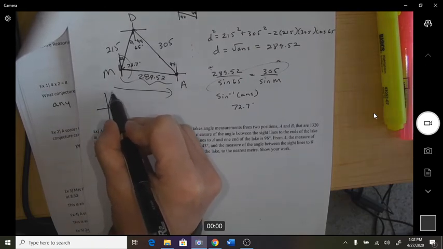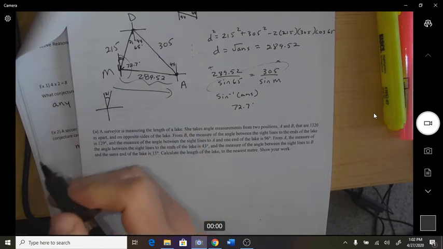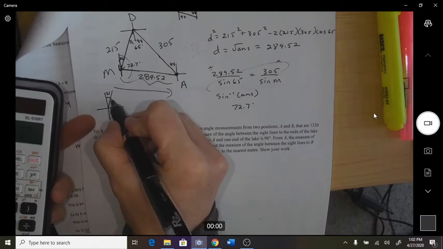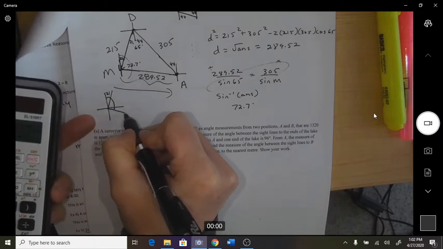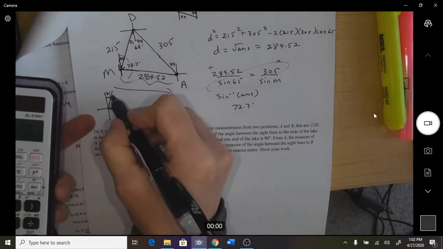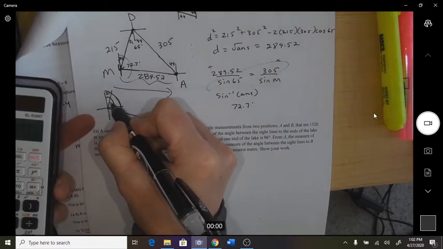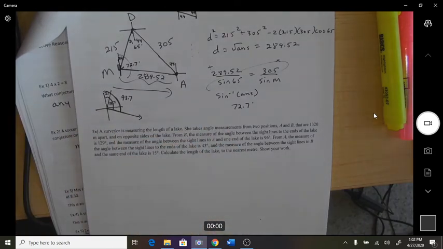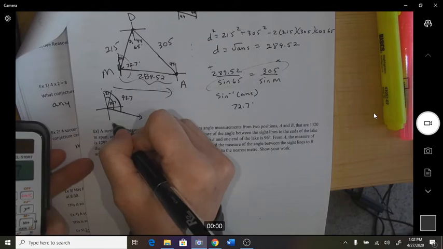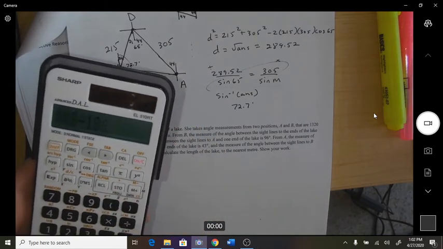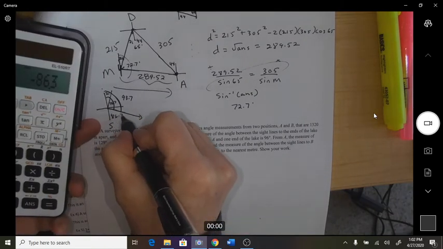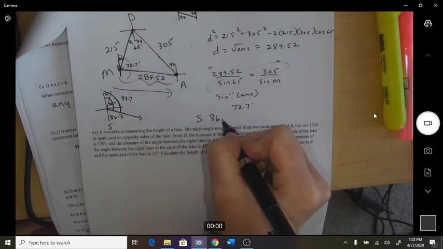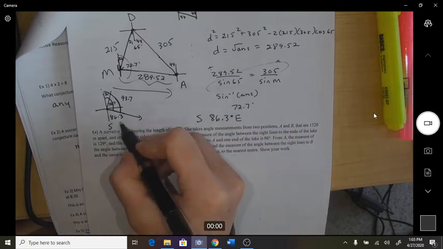So if you are 21 and another 72.7, that leaves you as 93.7, okay, which means I'm not closer to north anymore, I'm actually closer to south. So 180 minus that is 86.3. So it would be south 86.3 degrees east.